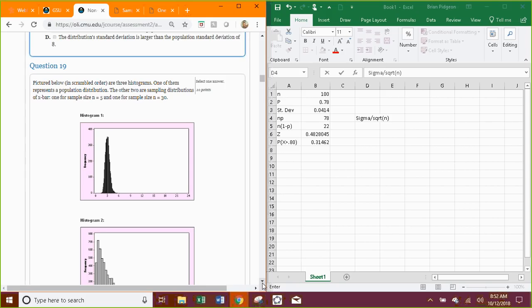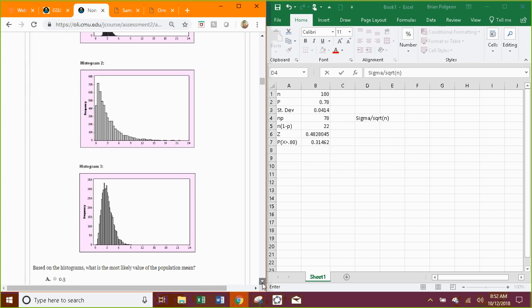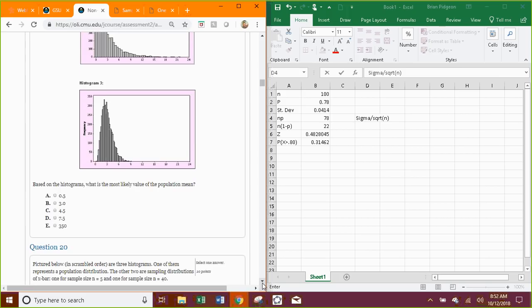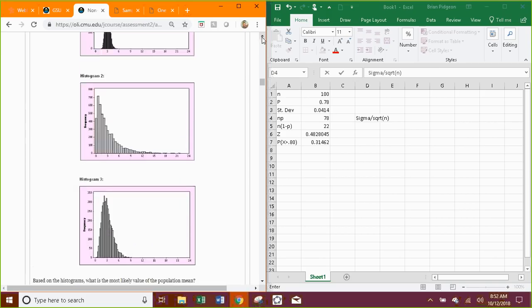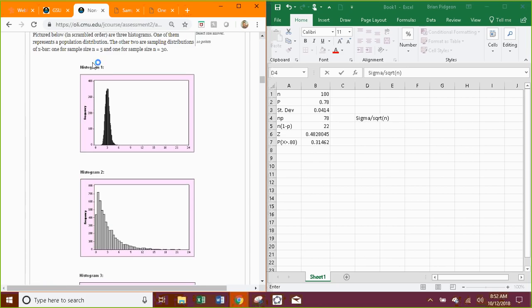Number 19. Pictured below in scrambled order are 3 histograms. One of them represents the population distribution. The other 2 are sampling distributions of x bar, one for size n equals 5 and one for size n equals 30. Based on the histograms, which is the most likely value of the population mean? Let's look at which one is approximately normal. Histogram 3 is skewed, histogram 2 is skewed, but histogram 1 is not.